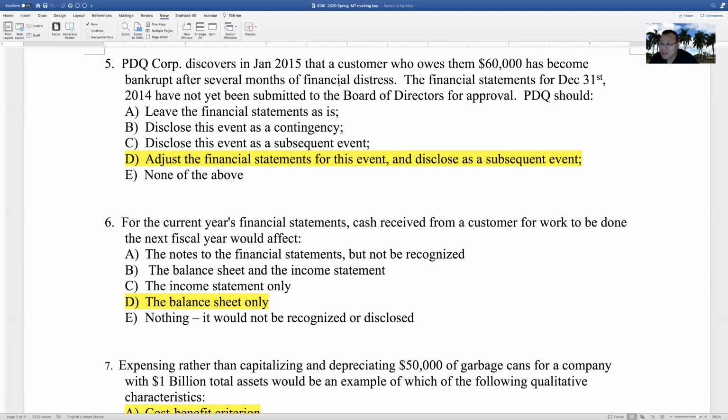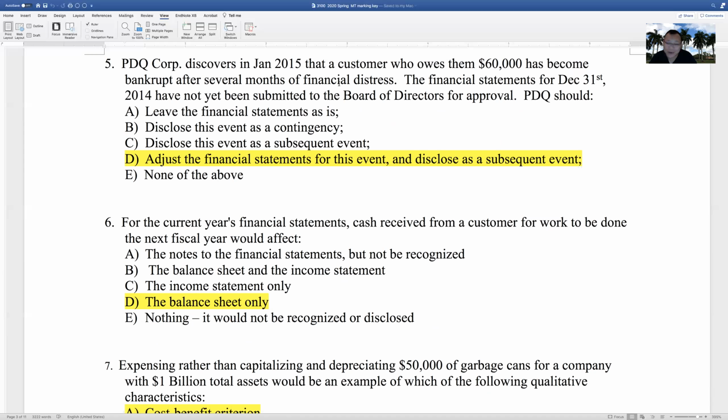Now, in the subsequent event period in January, the customer has become bankrupt. You have this information, and this information helps you to measure. Now you know for sure that this amount will not be collectible, so you have to write it off.